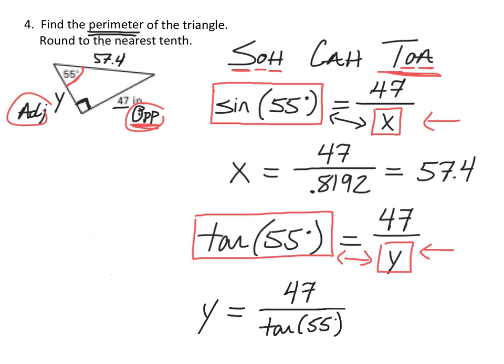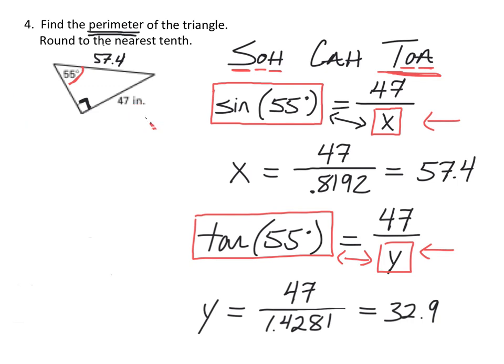So once again, let's change that tangent of 55 into a decimal. So I end up with 1.4281, which gives me 32.9 for that third side. So I'll go back to my original picture and we'll fill that in as well.